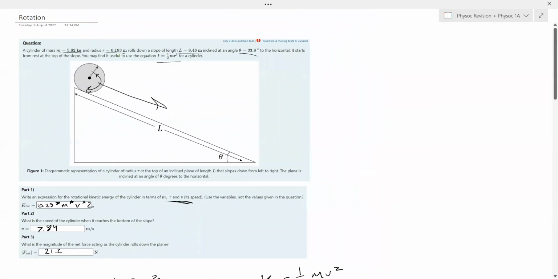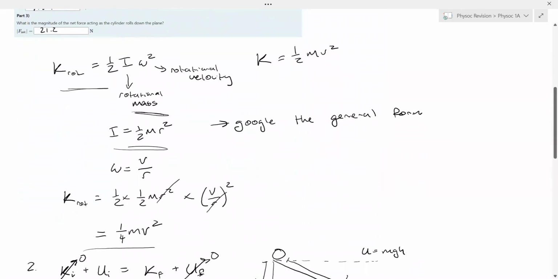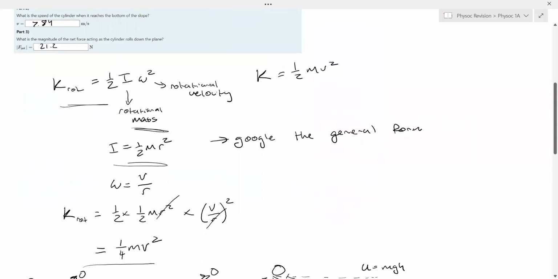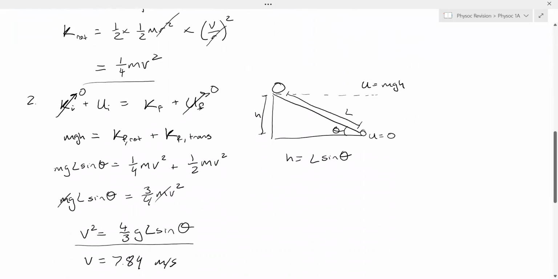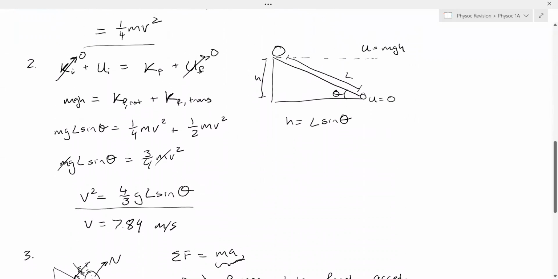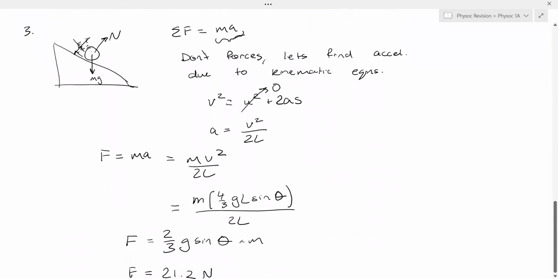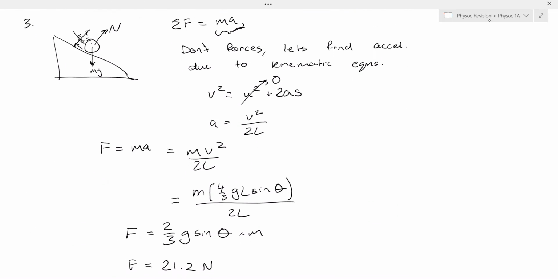So just quickly, that is the final question. That is the answer for part 1. That is part 2. And that's part 3. Yeah, it'll fit.